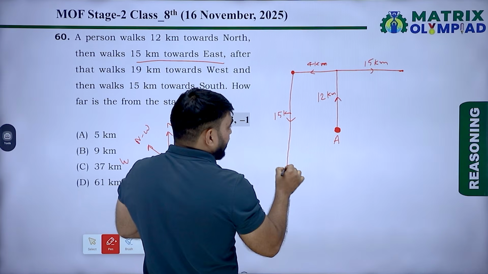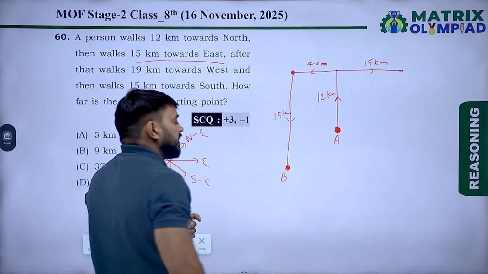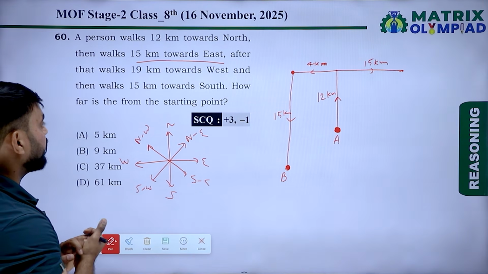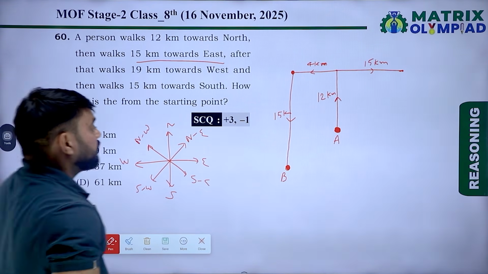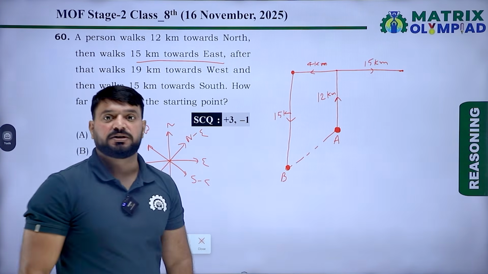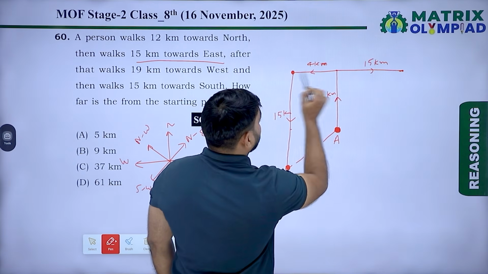Let's suppose B is the final point of the person. A is the starting point of the person and B is the final point. Now find the distance between A and B. So first draw a line parallel to this line.